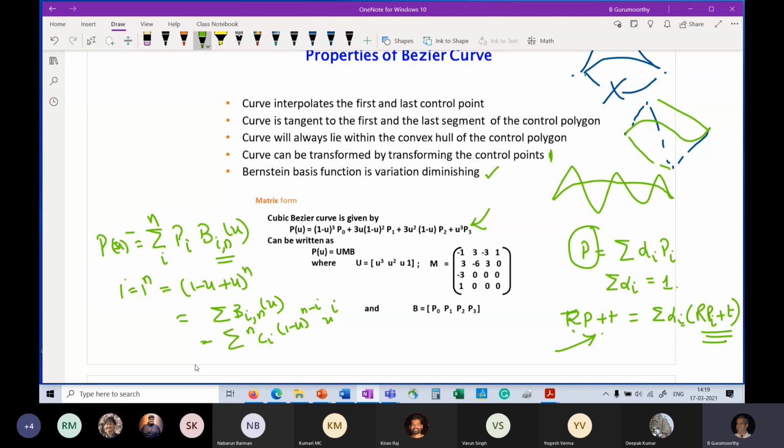Right? And therefore, what this small proof shows is that this condition, that the transformation of the combination is the same as transforming the individual components and then combining, applies for the Bezier curve as well. So I can either transform the curve or I can transform the control points and then generate the curve.